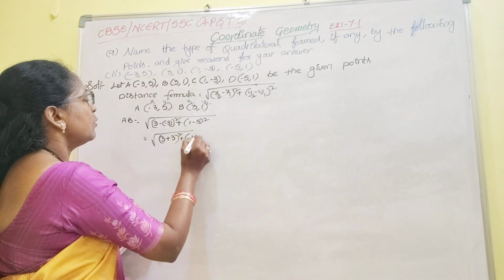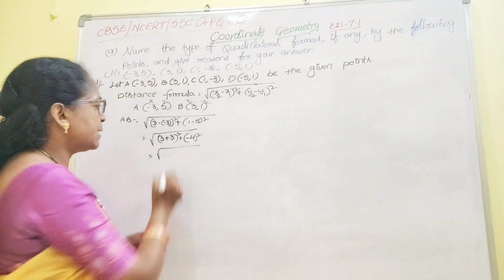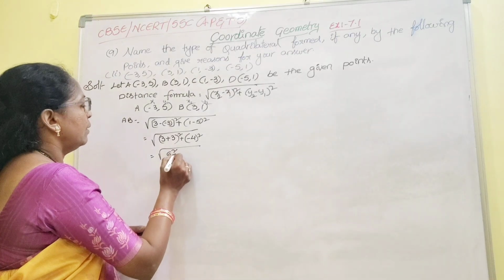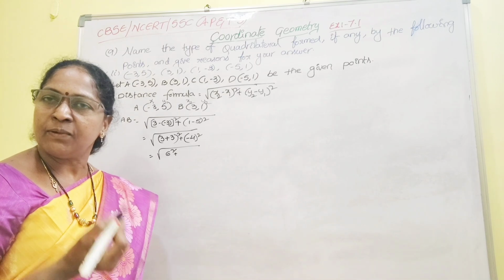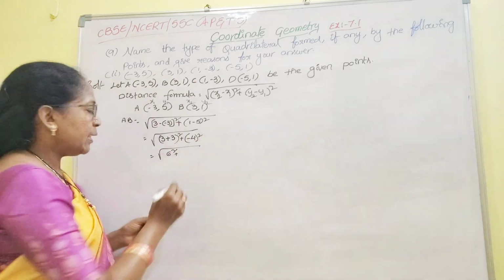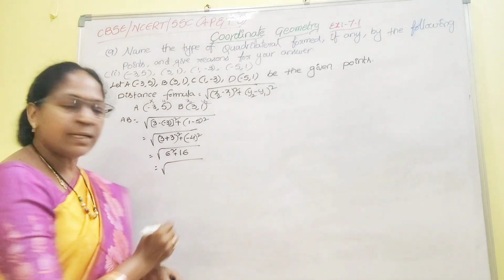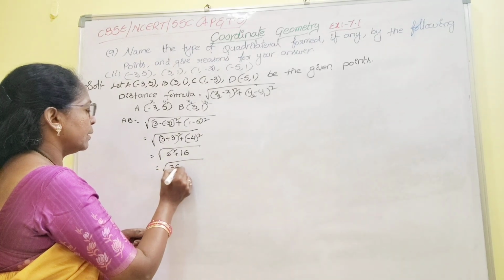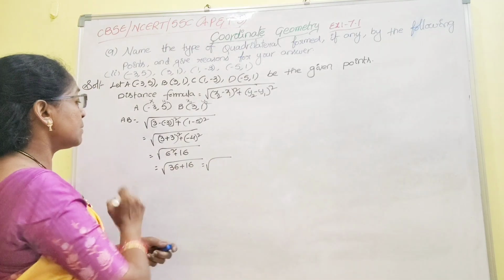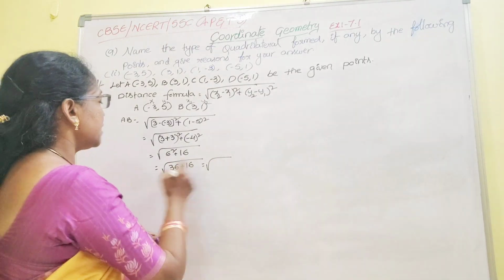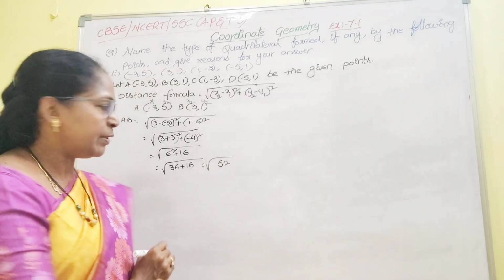So 6 square plus (minus 4) whole square, where a minus square always gives positive, so 4 square is 16. Square root of 36 plus 16 equals square root of 52.